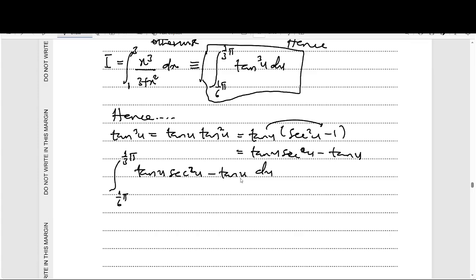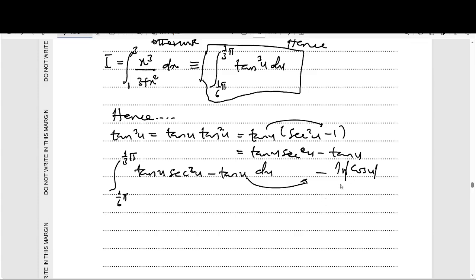The integral for tan u is negative ln of cos u, right? You can do this by substitution by writing tan u as sin u over cos u, and then you replace cos u by x, and then you do that integration.